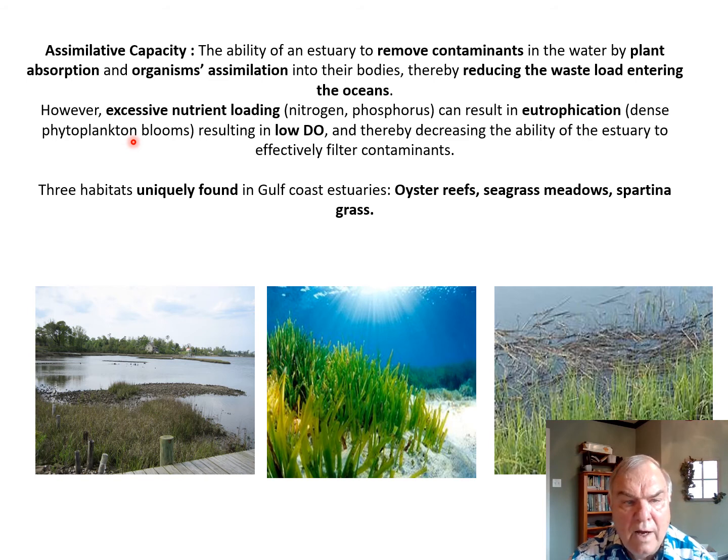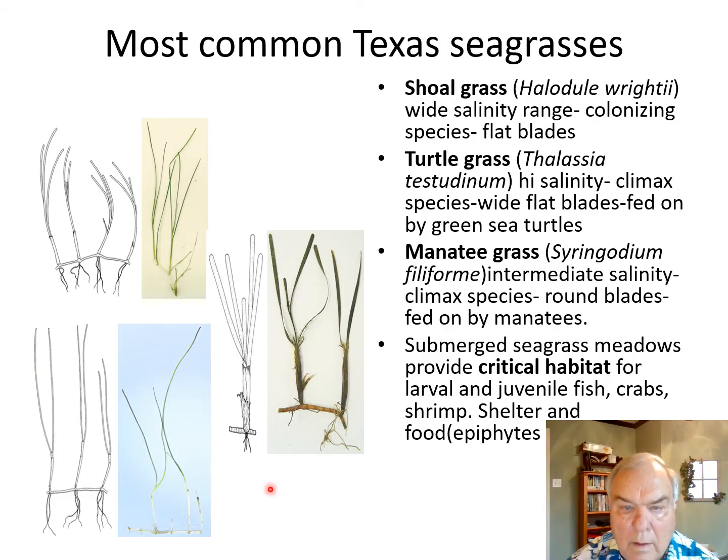We're going to talk a little bit about three unique habitats found in Gulf Coast estuaries now: oyster reefs, seagrass meadows, and Spartina grass. Oyster, seagrass, Spartina. Here are the three most common seagrasses that we have in Texas.